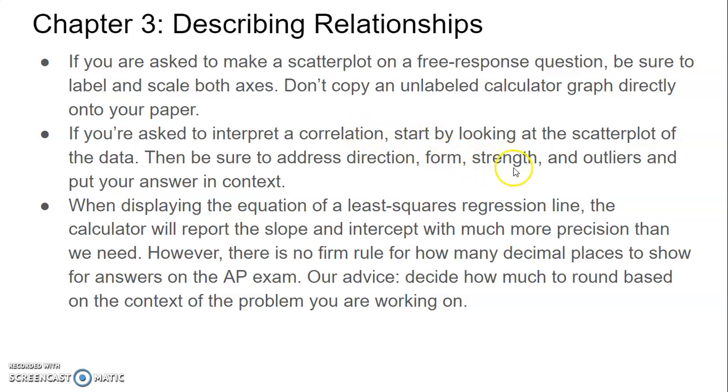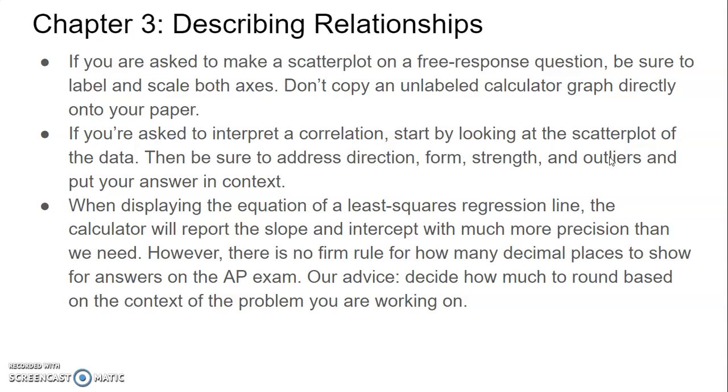Correlation is the measurement of strength. Closer to 1 means a strong positive association between the data. Closer to -1 would be a strong negative association. If you're close to 0, that means it's weak. You also want to be able to identify influential points or outlier points.